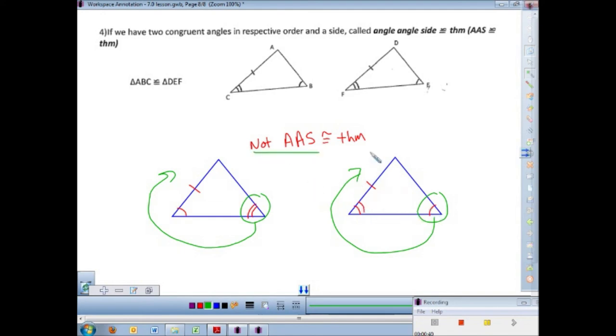So this is not angle, angle, side, because the angles were in the wrong order, right? If this was 70 degrees and this was 60 degrees, then this one, the double arc mark, is 70 degrees, this one's 60 degrees. You switched them around, right? It has to go 70, 60, side, 70, 60, side, and it didn't work that way. So not an angle, angle, side situation.